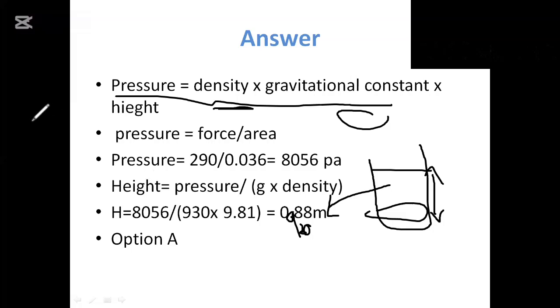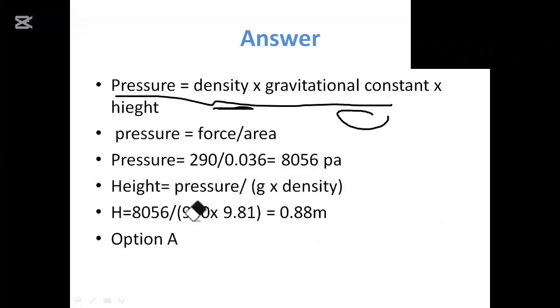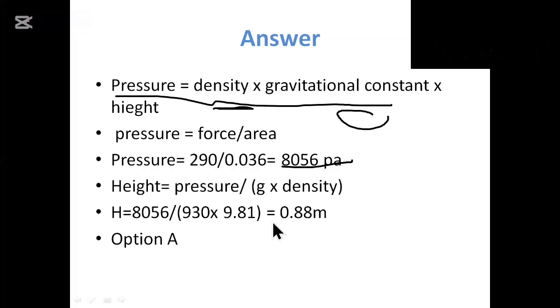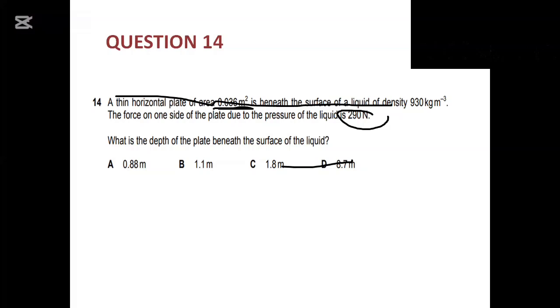Now if I place the values given in the question, height would be equal to the pressure, which I have already calculated in the above step, divided by 930, the density of the liquid, which is provided in the question, and then the gravitational constant, whose value we already know, 9.81. If you calculate this, you would get the answer of 0.88 meter, which is basically option A. So the answer for question 14 is option A.